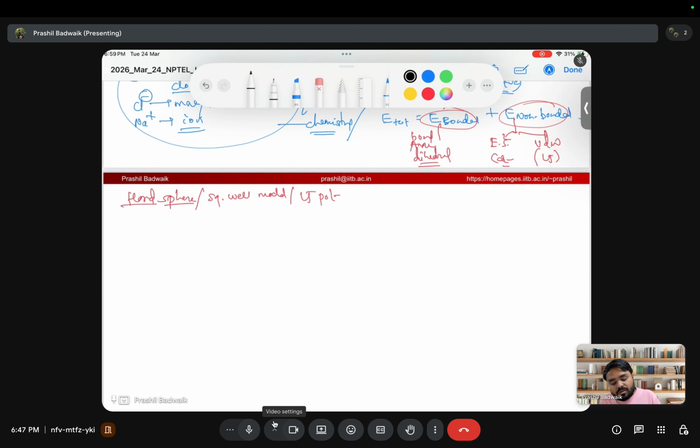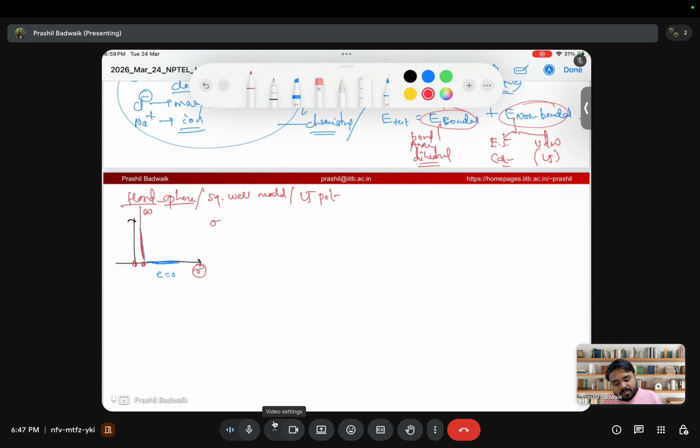So what does each of these refer to? Hard sphere model means there will be interaction energy E equal to 0 up to this distance, and here it is shooting out to infinity. So this is my r and this is my diameter of the particle.